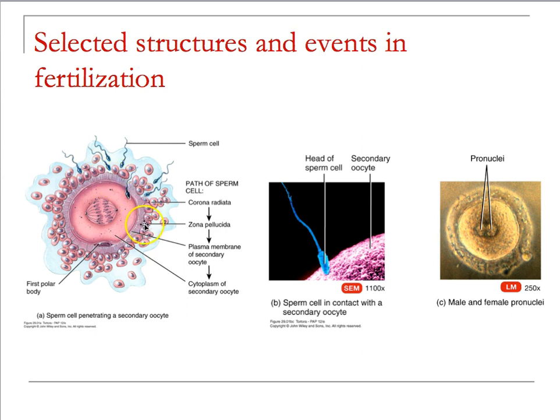This layer right here is the zona pellucida, a glycoprotein structure, surrounded by those granulosa cells. Those granulosa cells were supporting the oocyte as it was growing inside the follicle. There are a couple of cartoons and photomicrographs in there for you to see that.